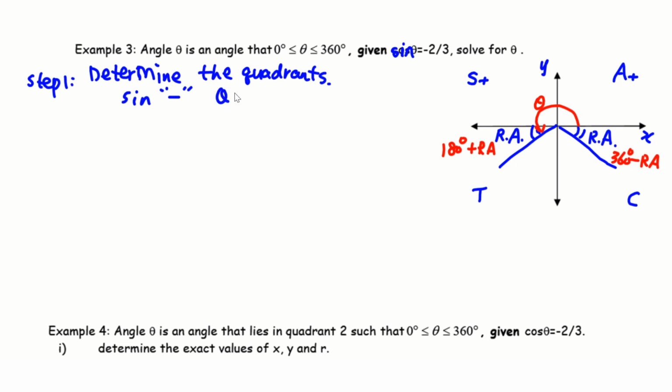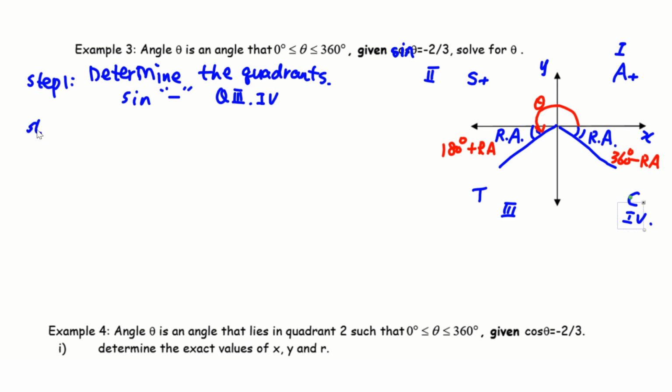It is the third and fourth quadrants. And based on the RA, in the third quadrant theta is always 180 plus RA. In the fourth quadrant it is always 360 minus RA.